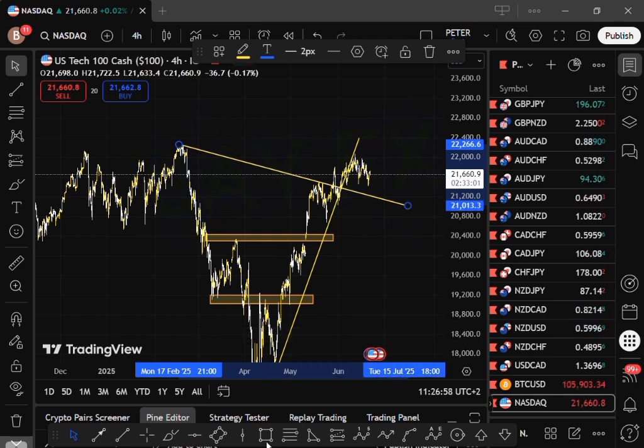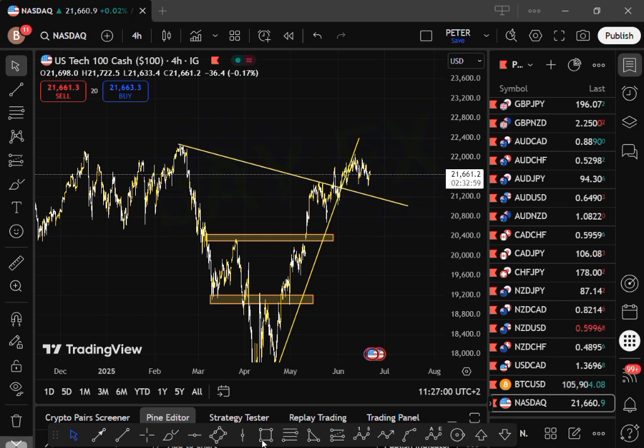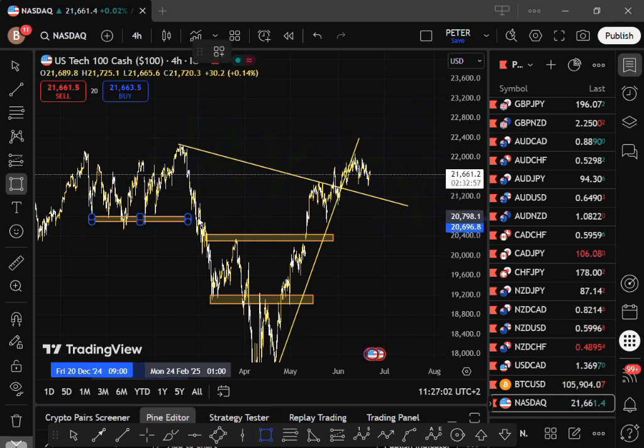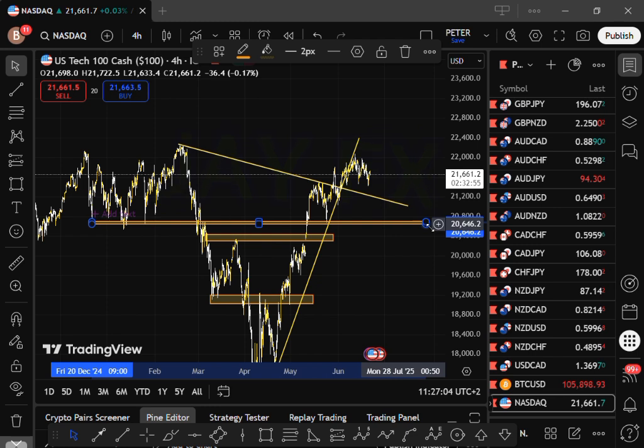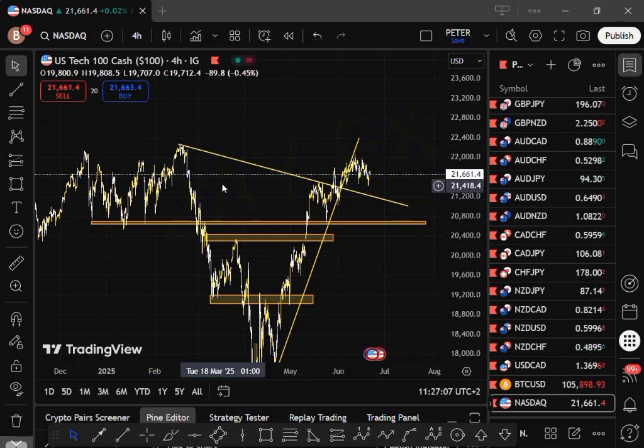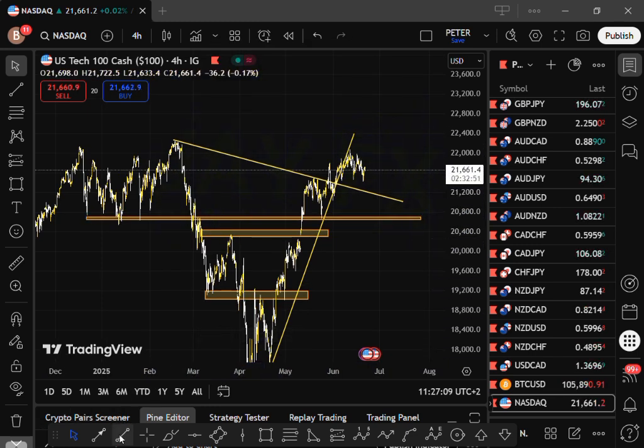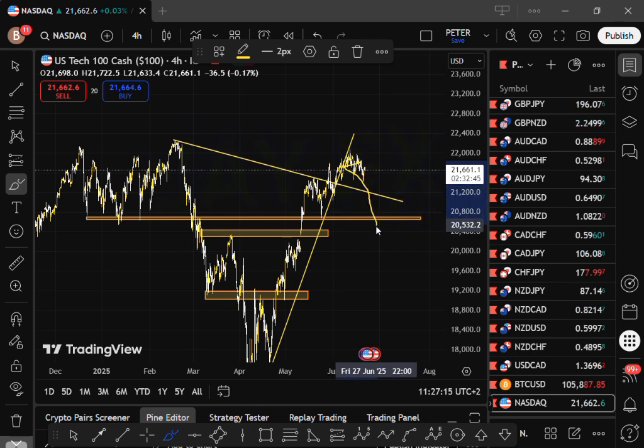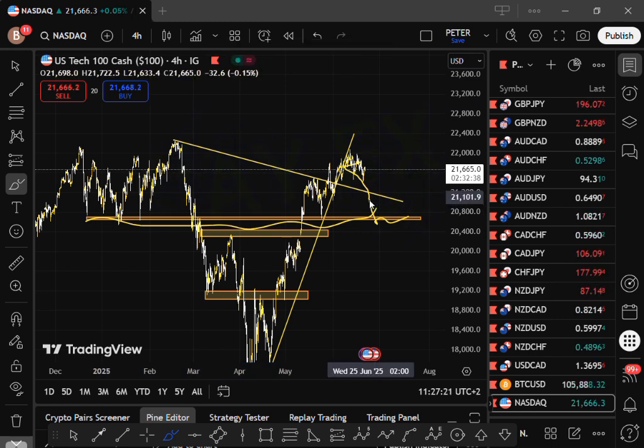It's because we have this situation that happened here. As you can see, this hasn't yet been broken. Price hasn't come down and broken this level from all the way back where I drew this support.